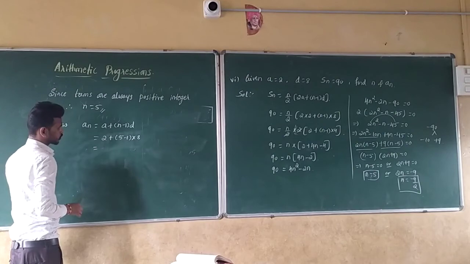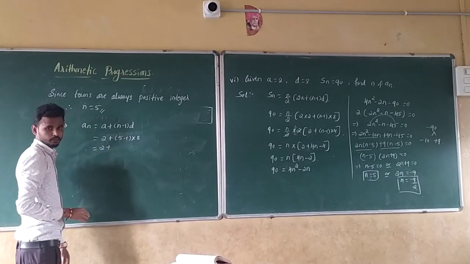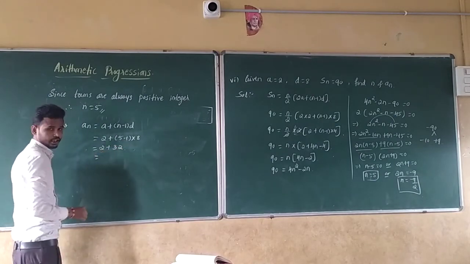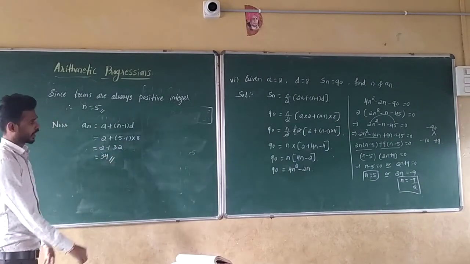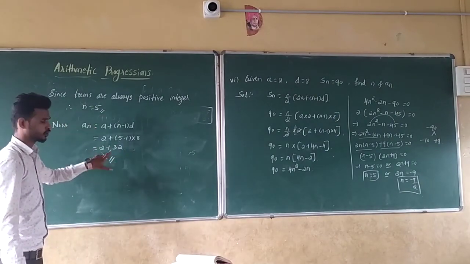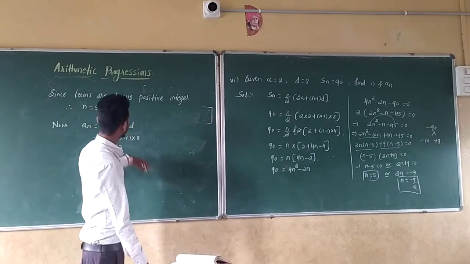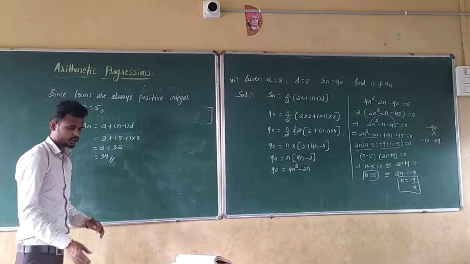So 2 plus 5 minus 1, 4. 4 8s are 32. So 2 plus 32, how much will you get? 34. Therefore, n is equal to 5 and an is equal to 34. So this is about question number 6. So we'll see the next question.